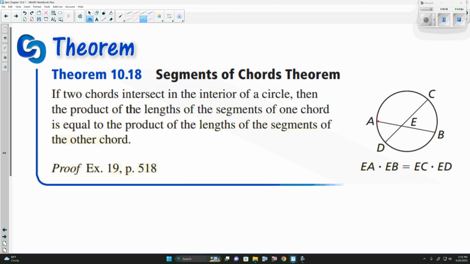So what that's saying is AE times EB, if we multiply these two together, will have the same measure as CE and AD multiplied together. Questions on this here so far?